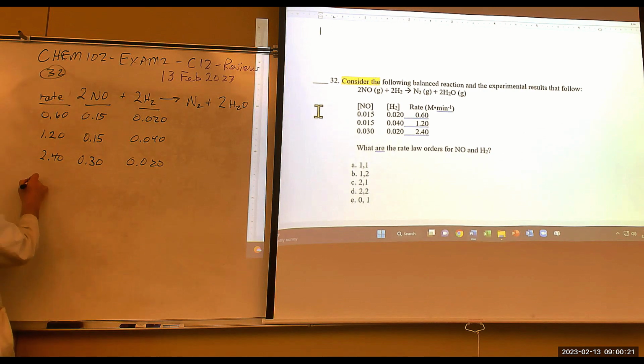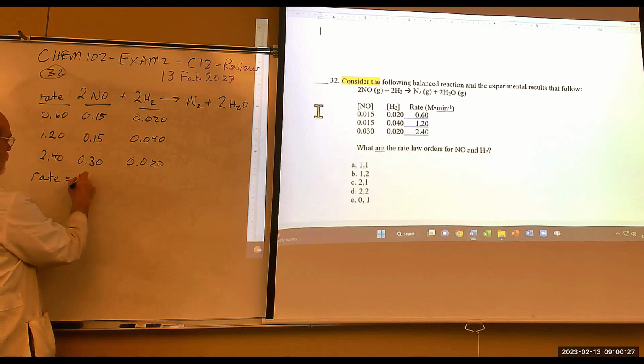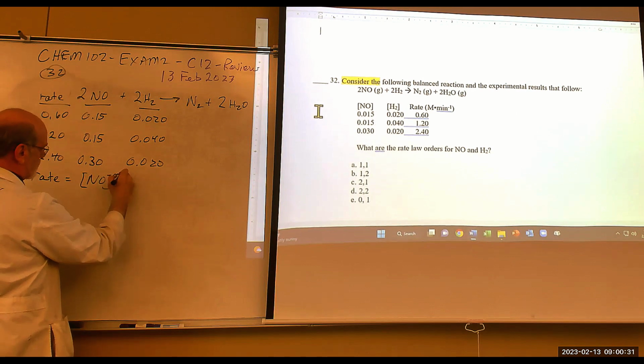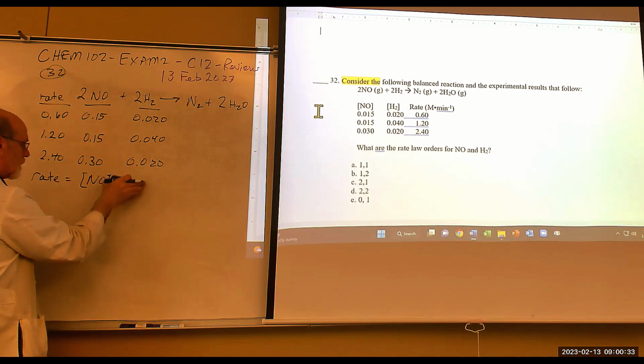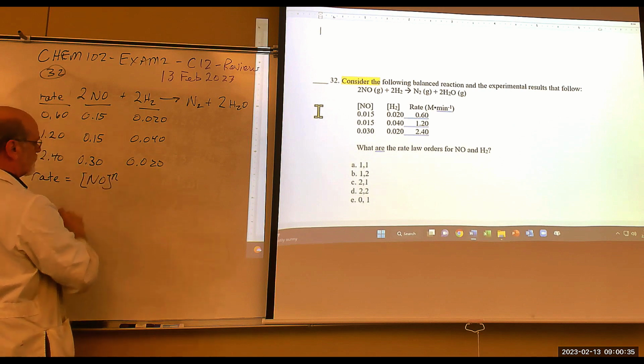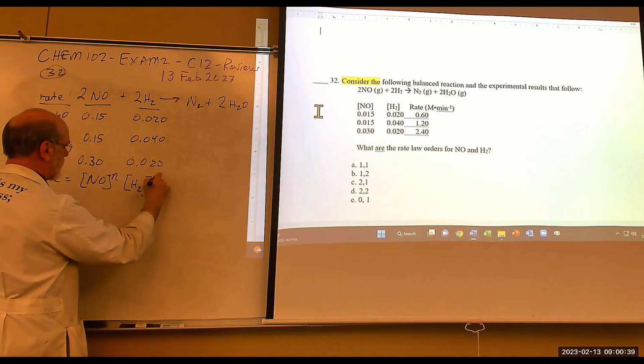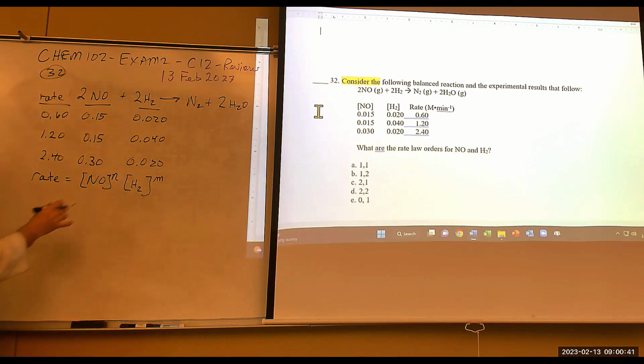Let's write the rate law first. That way it'd be less confusing and less likely to make mistakes. So we're going to have NO to the, let's make it n order, and then H2 to the n order. Now we can ratio.